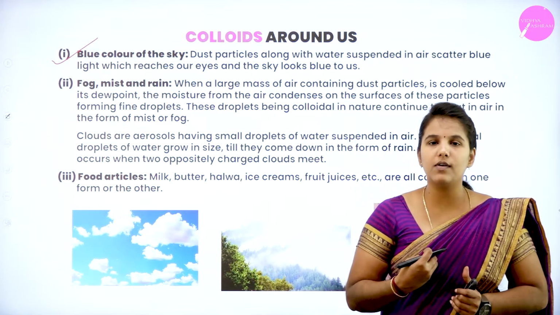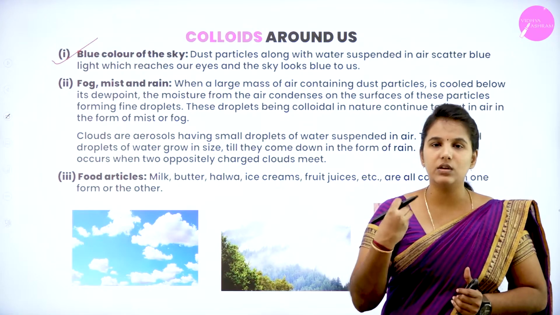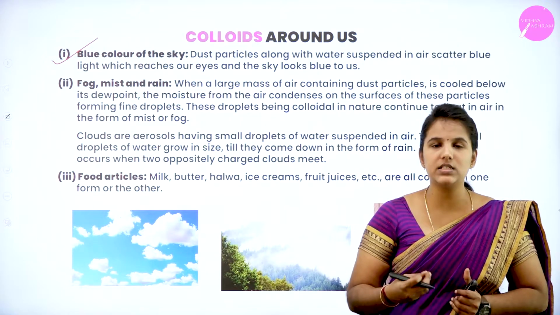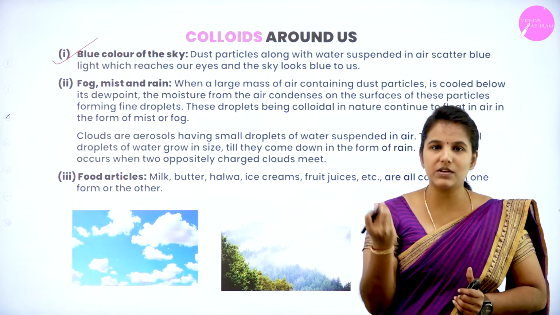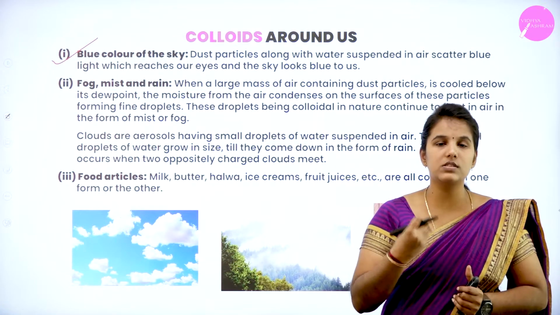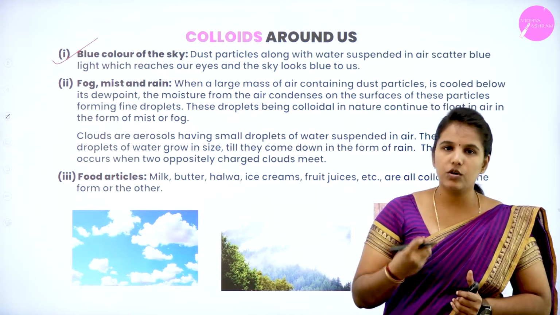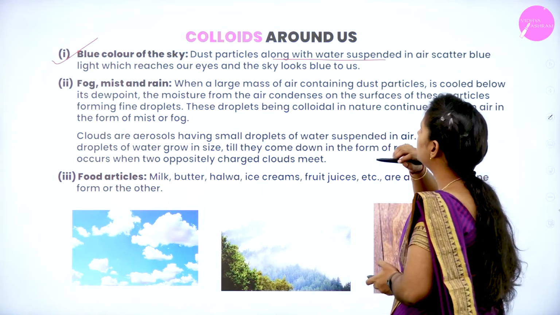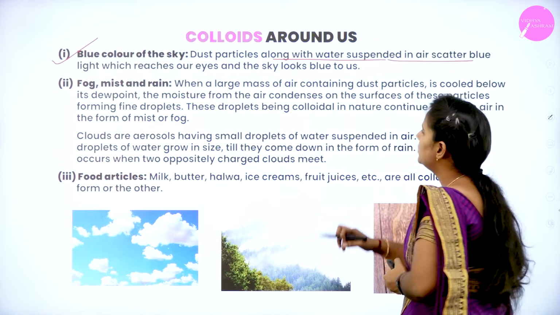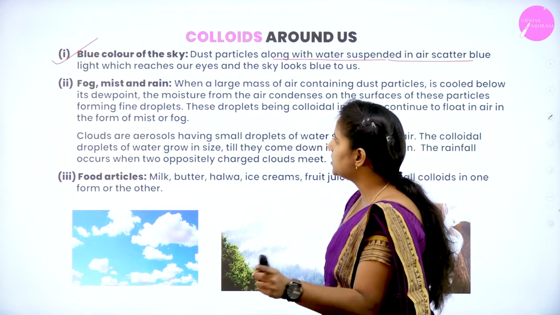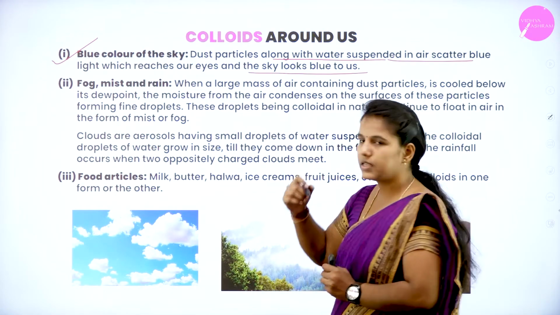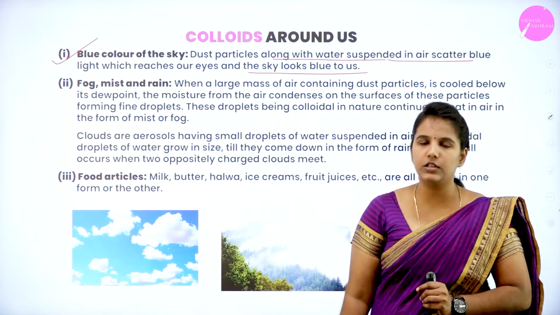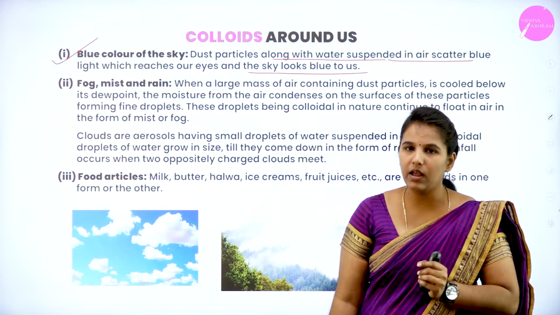That is mainly because of scattering of light by the particles present in our surroundings. The dust particles along with the water suspended in the air scatter the light and it reaches our eyes. That is why the sky looks blue in color. This is the first example of colloids present in our surroundings.